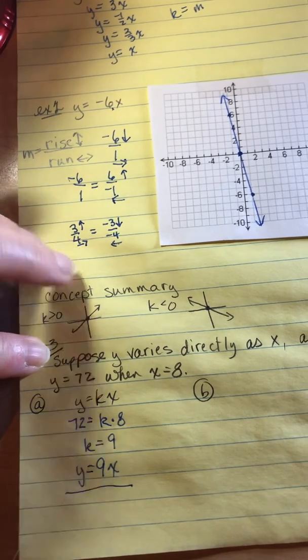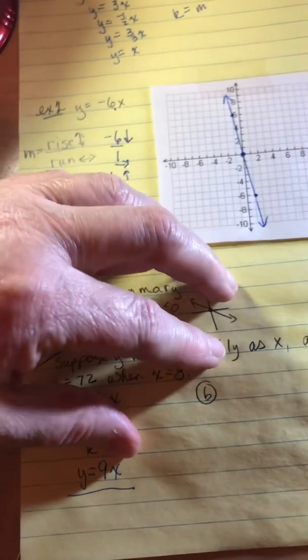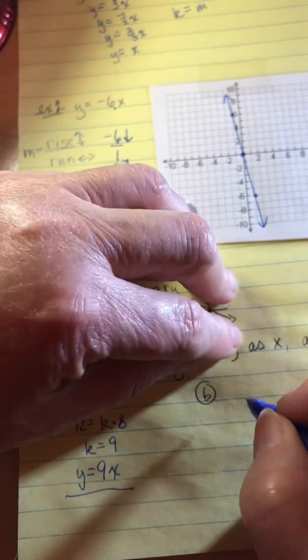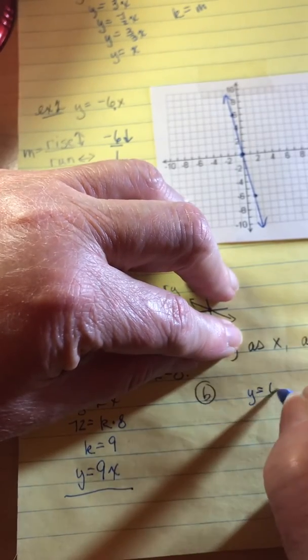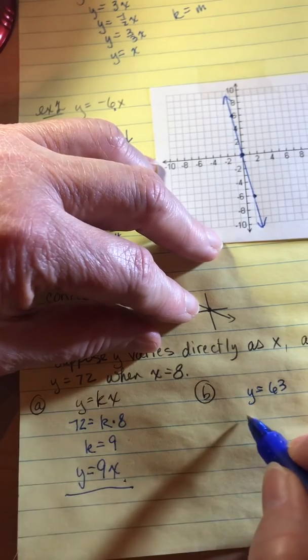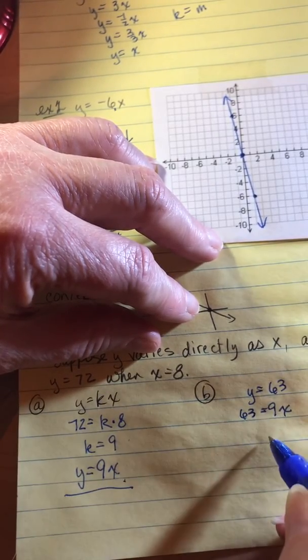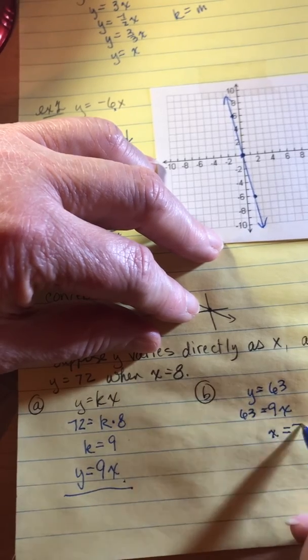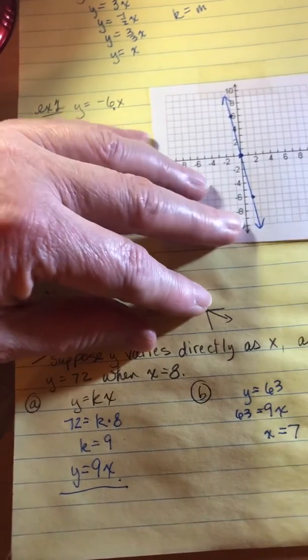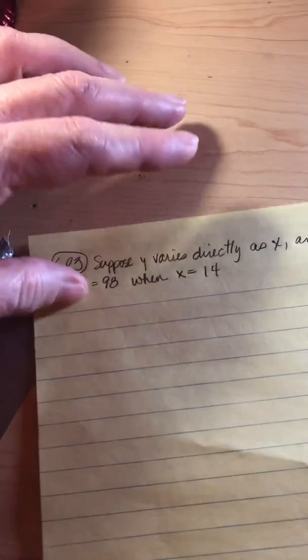Now, it says to find x when y equals 63. So if y equals 63, then I just use my direct variation. 63 equals 9x, so x has to equal 7. Does that make sense?